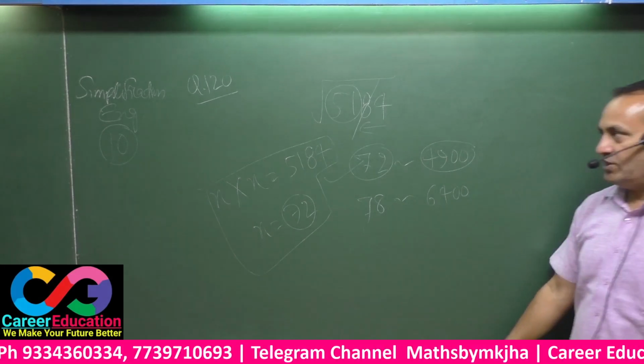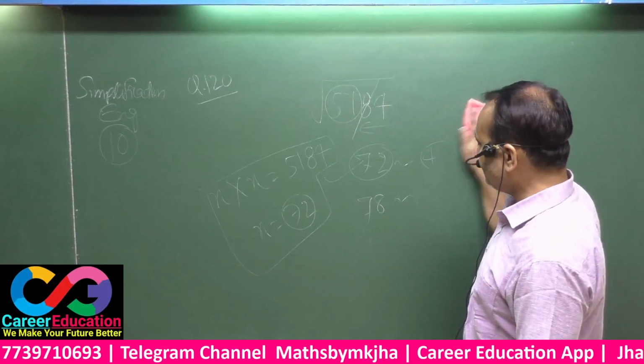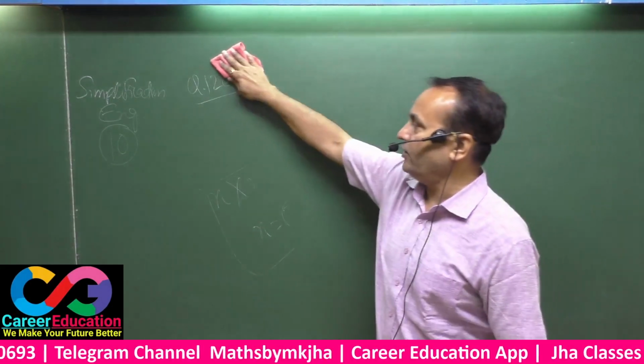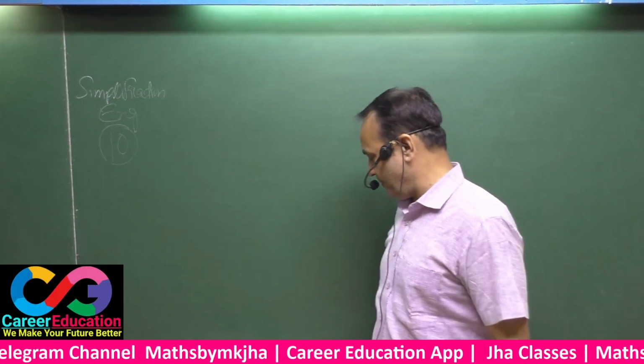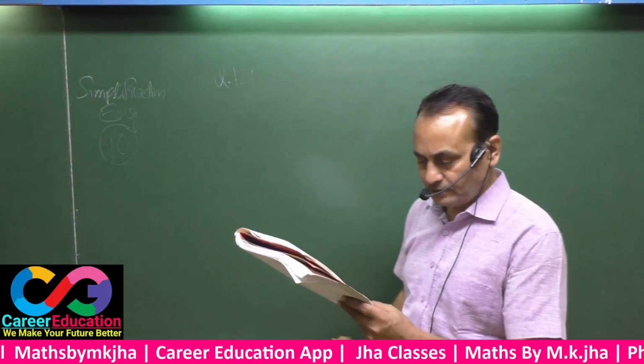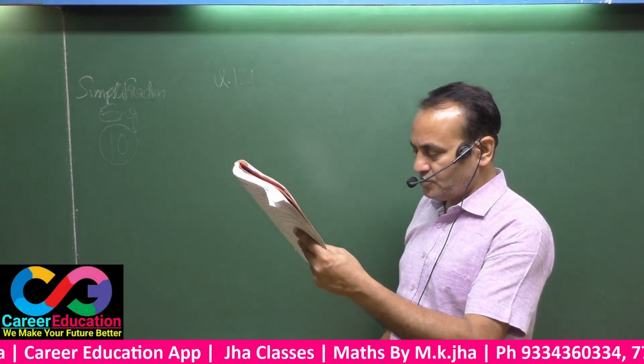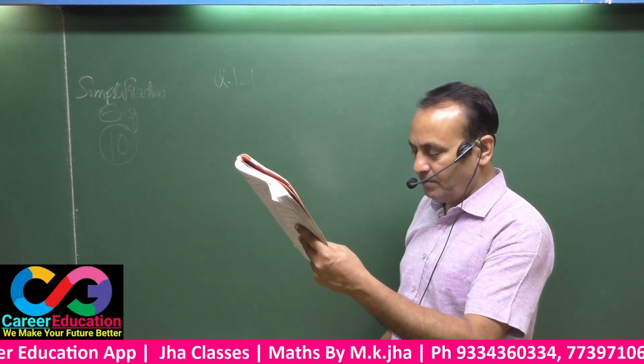Now question number 121. Each man of a group contributes thrice as many rupees as the number of men.